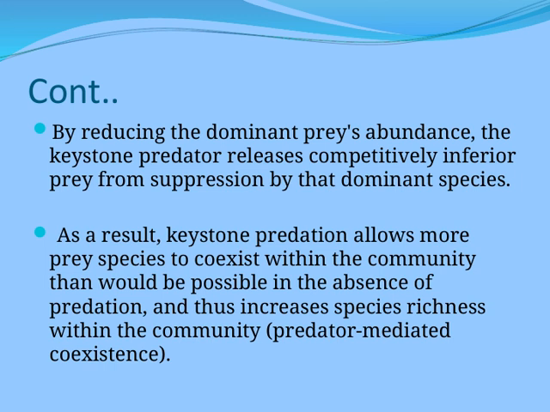What this means is that keystone predation, or predator-mediated coexistence, actually increases the overall number of prey species that can live together in a community. Without predation, the dominant prey might outcompete others, leading to less diversity. But with these predators around, more species can survive and thrive because they're not all competing directly with the strongest competitor.